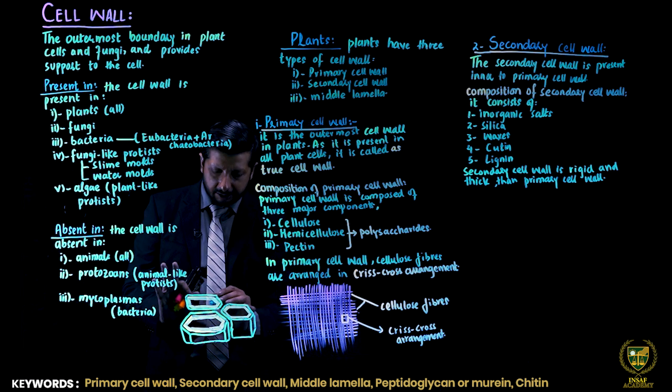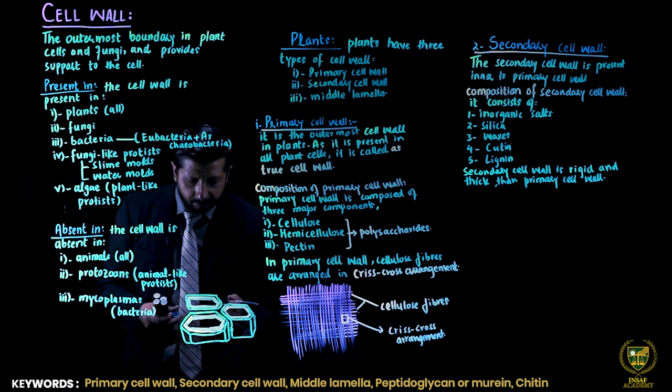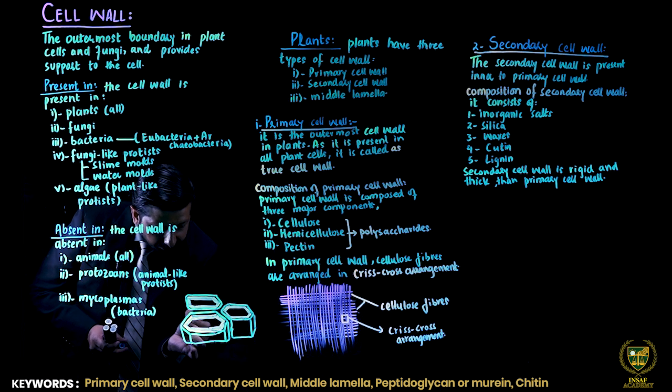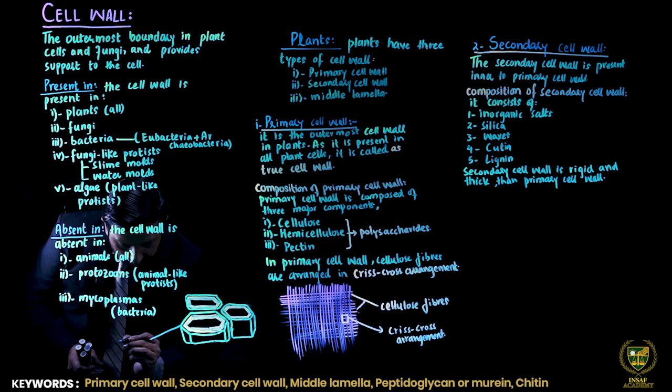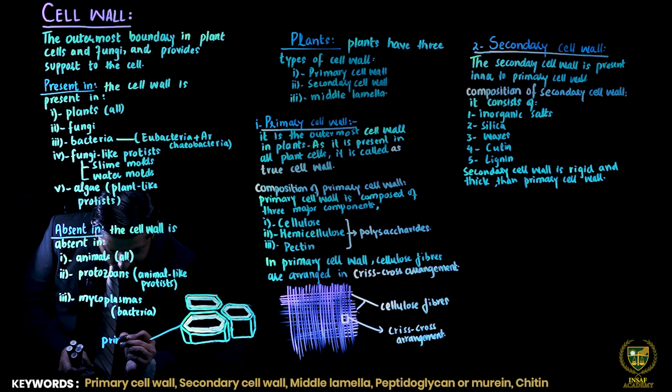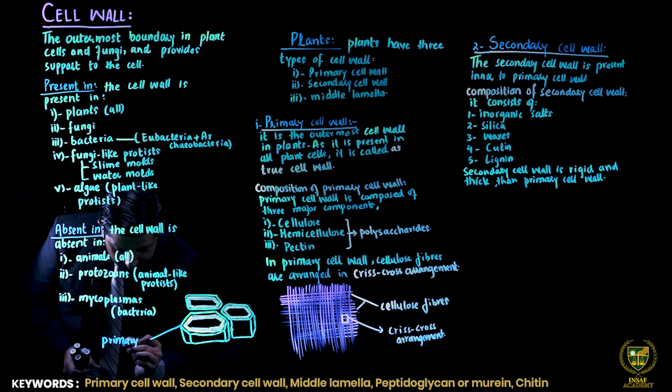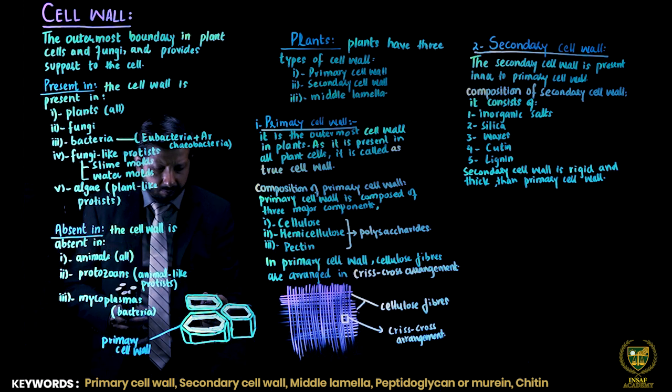So dear students, look at this very carefully. So this green boundary around all of these three, that is the primary cell wall.